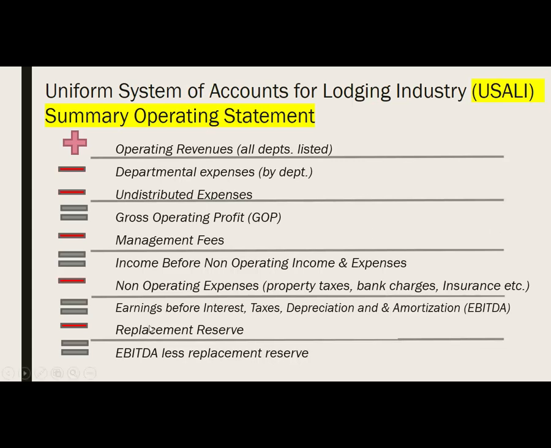And that would leave you with the EBITDA. Be comfortable with this term, EBITDA: earnings before interest, taxes, depreciation, and amortization. Okay? So please make sure that you're very comfortable with that. Then from the EBITDA, you would take out your replacement reserve, and then it would equal your EBITDA minus replacement reserve.